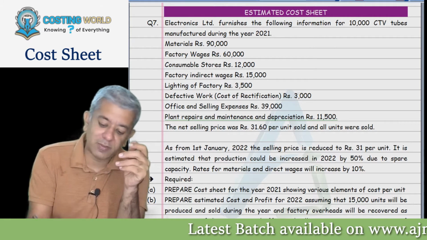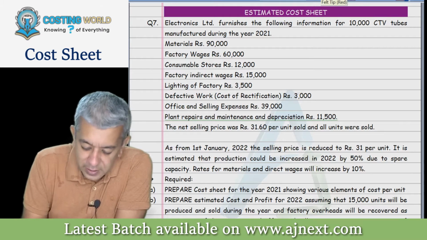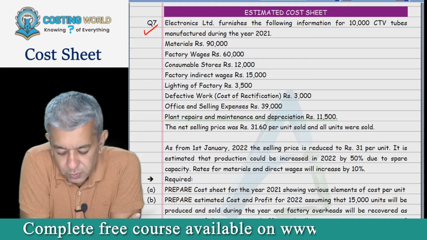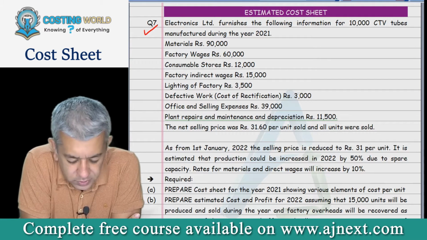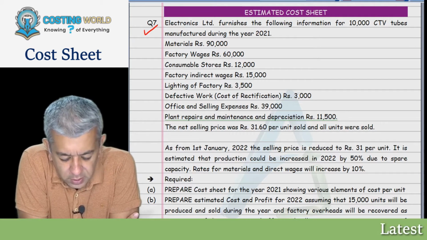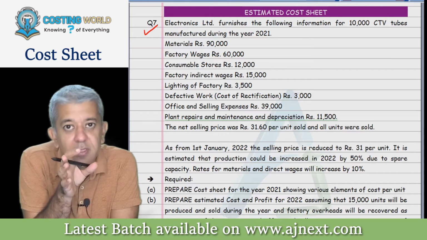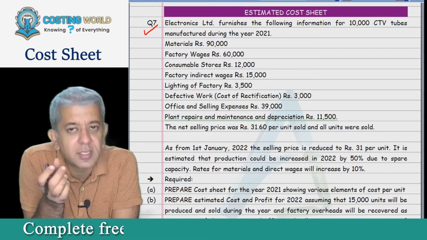This is question number 7, please. Electronics Limited furnishes the following information for 10,000 CTV, that's color TV tubes, manufactured during the year 2021. Now this question is actually on what I'll tell you in advance. There is a company that makes some particular products, like in this case color TV tubes.